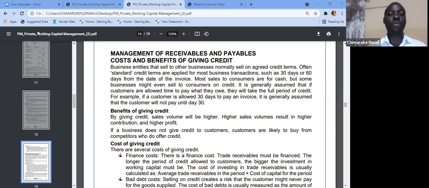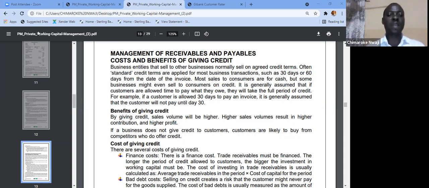Okay, sometimes too, most sales to customers, perhaps these are walk-in customers, are for cash. But you know, many businesses sell on credit, because if you don't sell on credit, you might lose this business.